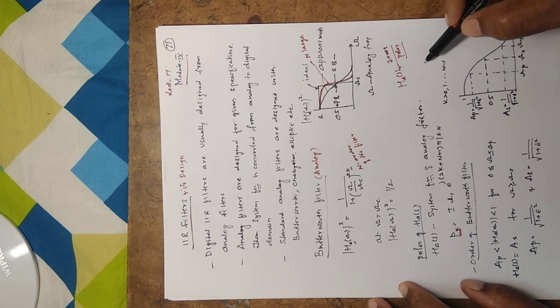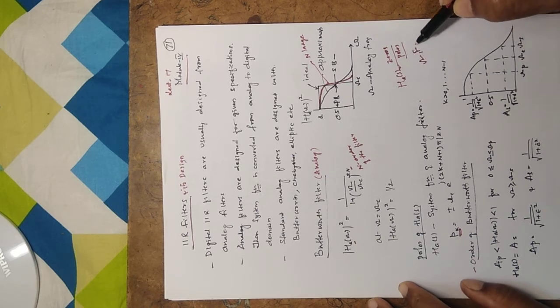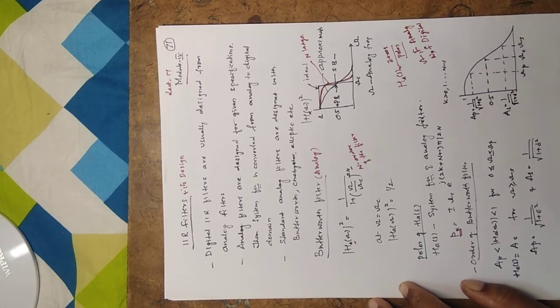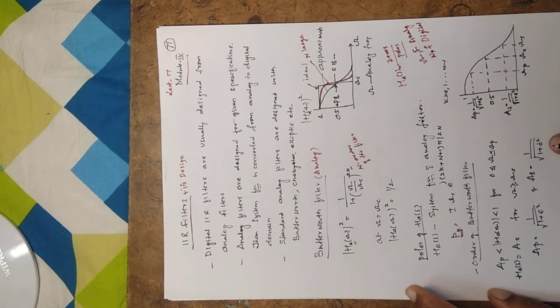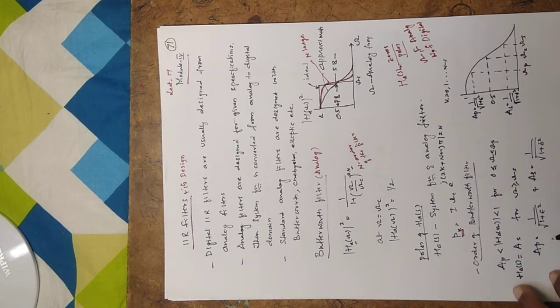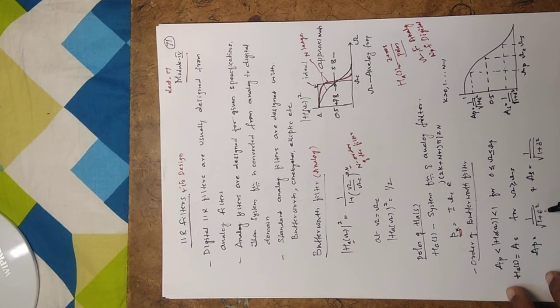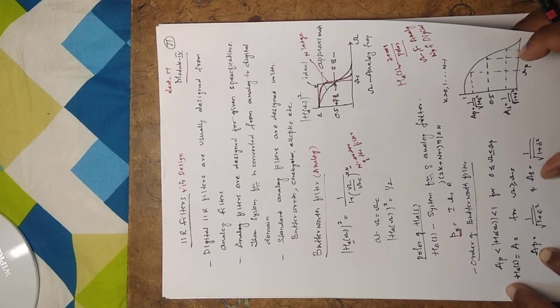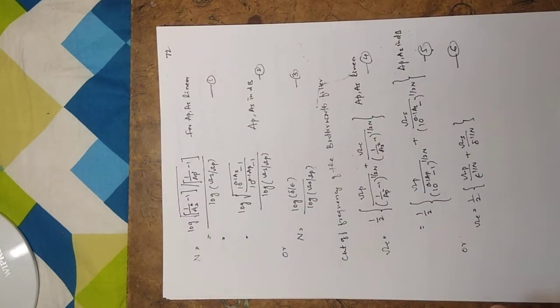Remember that capitals are used for the analog domain, capital omega, capital F. Small omega, small f is for the digital. The same thing I have written here: AP equals 1 divided by root of 1 plus epsilon square, and AS is 1 divided by root of 1 plus delta square. This is the pass band value, this is the stop band value.